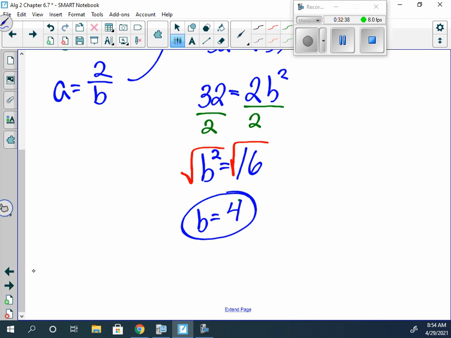So we found the value of b, but we still need to find the value of a, so we'll plug it back in. a is equal to 2 over 4. So a is equal to 1/2.